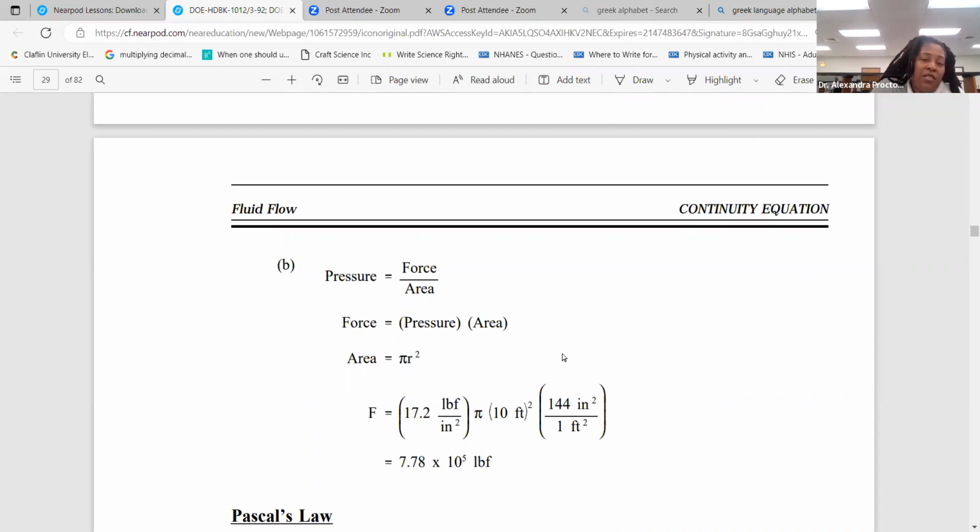And then, of course, they use a conversion factor to get this in inches, so that's 144 inches squared over feet squared. And so the force is equal to 7.78 times 10 to the 5th pound force.